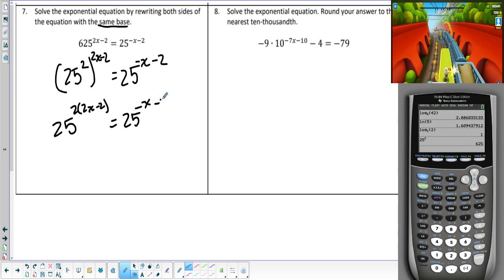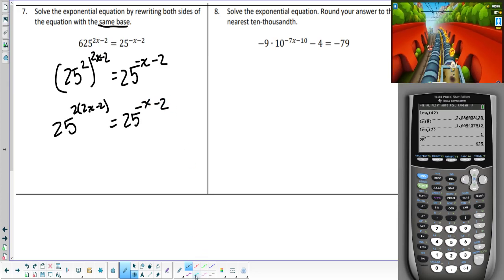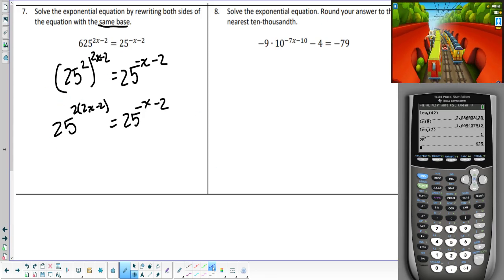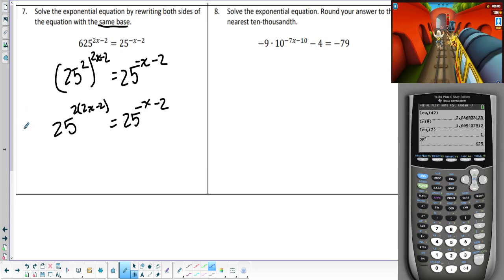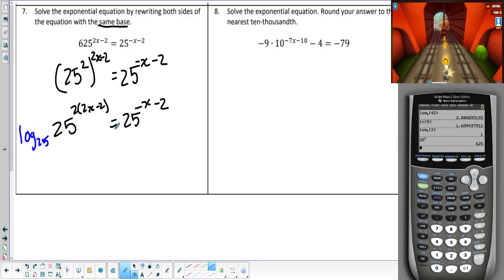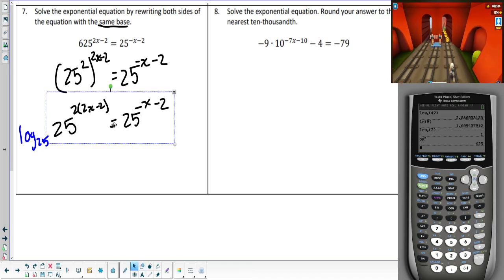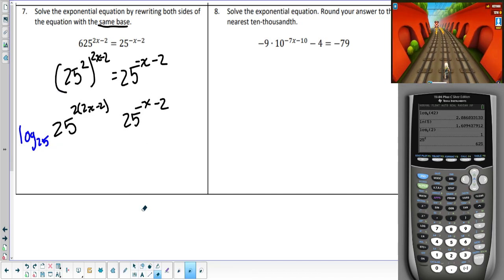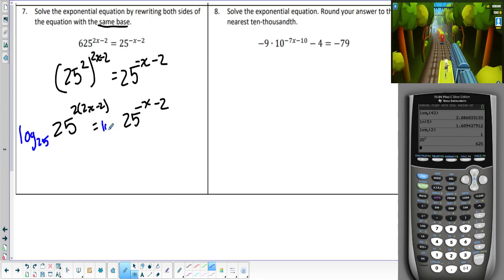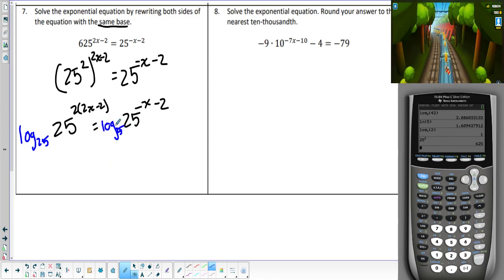Now what I'm going to do to solve for x is I need to cancel these bases. And essentially, all I have to do is say, well, I'm going to take the log base 25 of both sides. Let me move this equals sign over here. Equals the log base 25 of this.